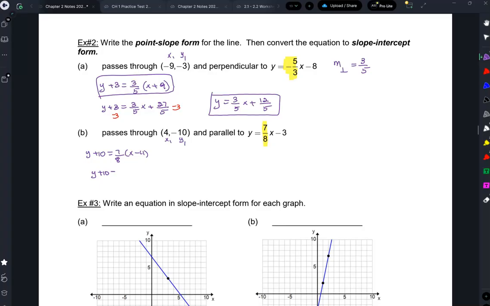Y plus 10 is 7/8 x minus how much? 14/4. Oh yeah, that is 7/8. All right, subtract a 10.